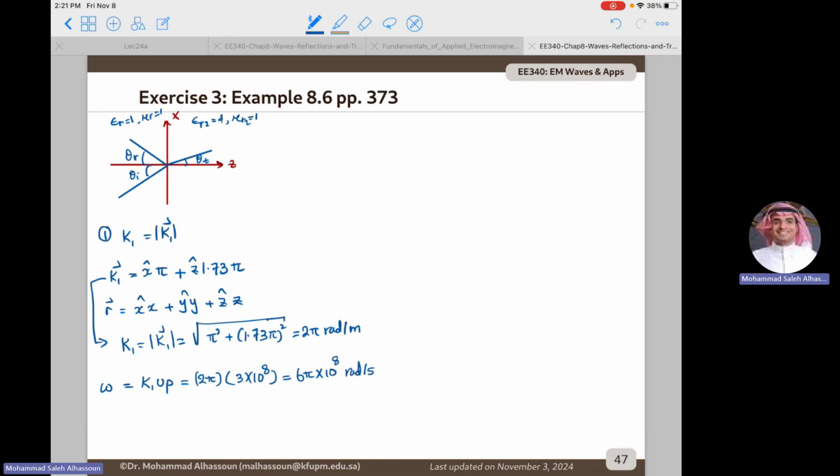In medium 2, we know that K2 is simply omega divided by the wave velocity. The wave velocity in medium 2 is the speed of light in vacuum divided by the square root of mu r epsilon r. Mu r in this case is 4, epsilon r is 1. So c divided by square root of 4, which means c divided by 2, gives us 1.5 times 10 to the power 8 meters per second.